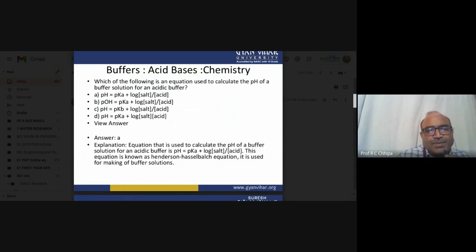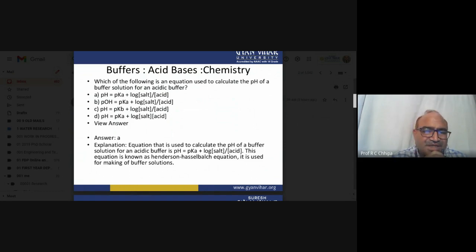pH is equal to pK. The pH is related with the hydrogen ion concentration, and the acid dissociation constant K gives the pK. Then log of the salt upon the acid. So this is the equation used to calculate the pH of a buffer solution for an acidic buffer: pH equals pK plus log of salt upon acid.